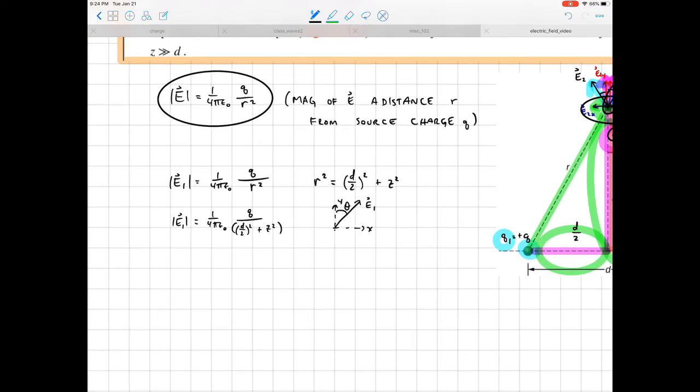And so E1y is 1 over 4 pi epsilon naught q over d over 2 squared plus z squared, and then cosine of theta.